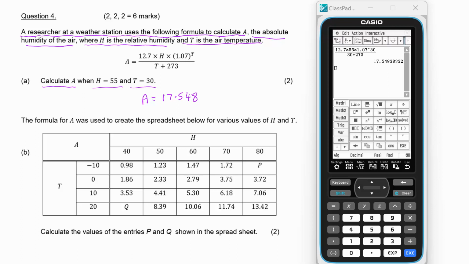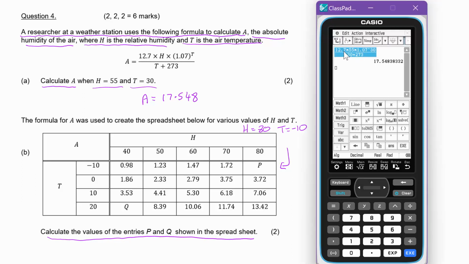Okay, now we want to calculate the values for the entries P and Q in the spreadsheet here. So if we look at P, that is when H is equal to 80 and T equals negative 10.